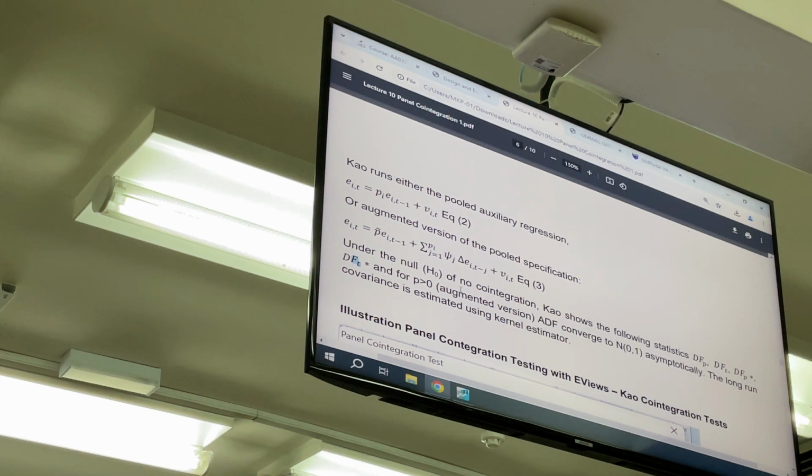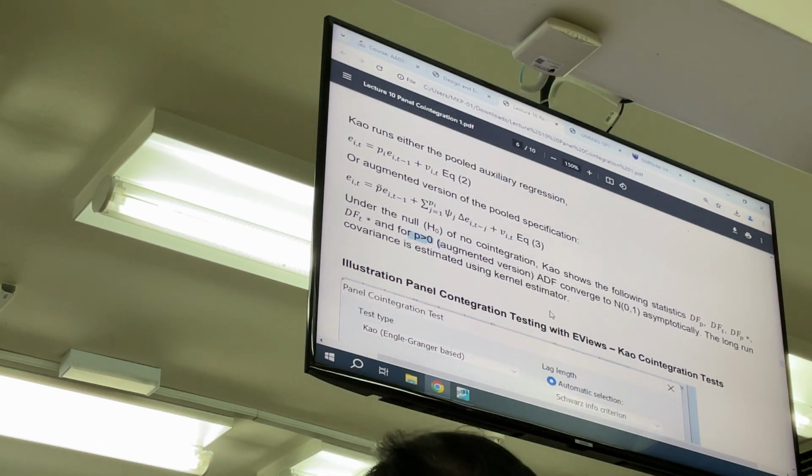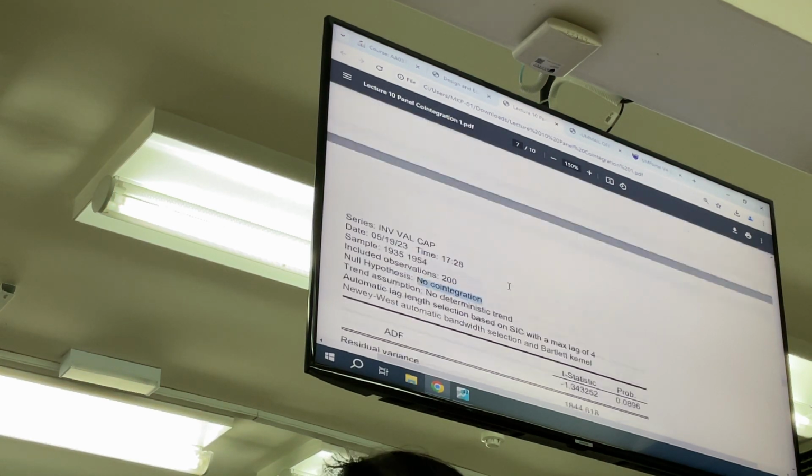For the root greater than 0, this one is just based on the idea that they produce one statistic to show whether there is cointegration or not. So under the null, no cointegration.